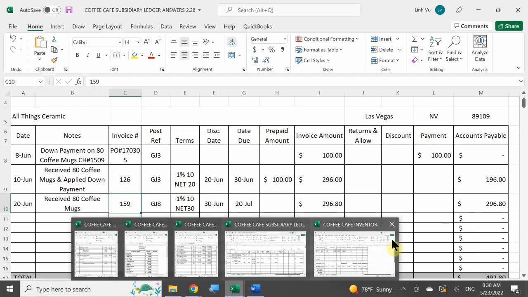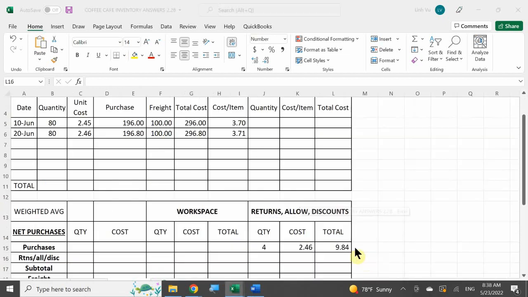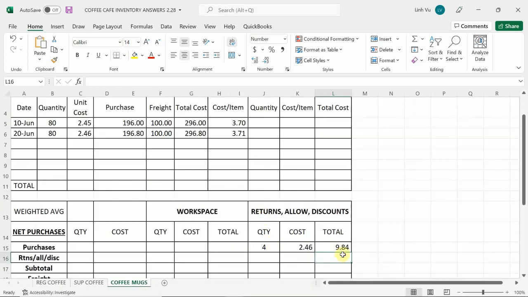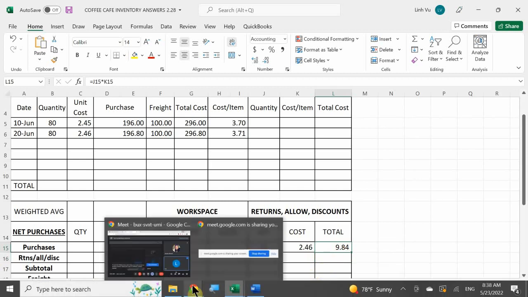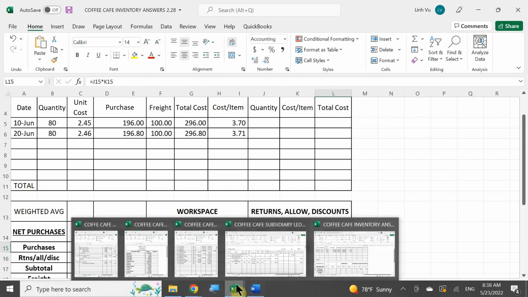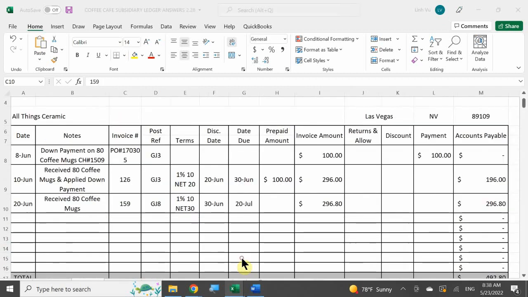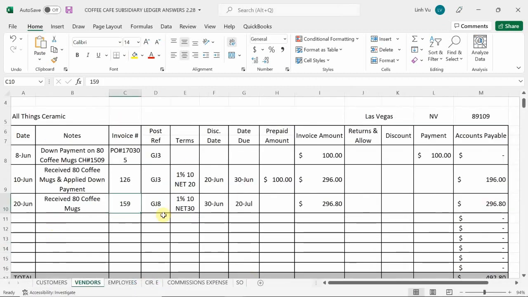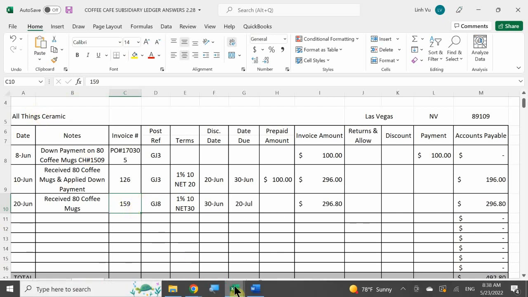And we're going to get a credit for $9.84, because that is what we calculated here in our returns area. So we're going to be plugging it in here.